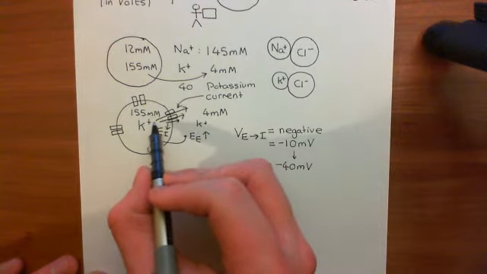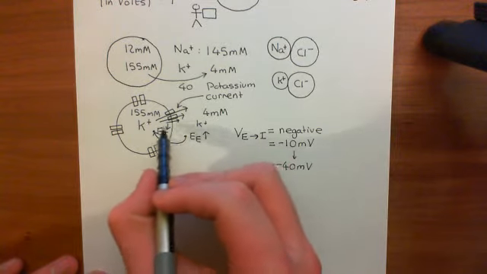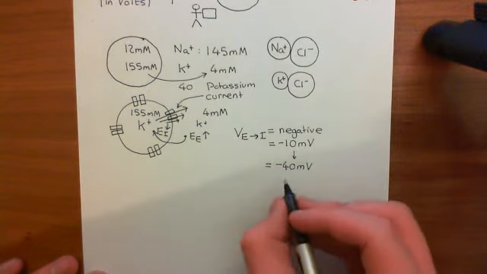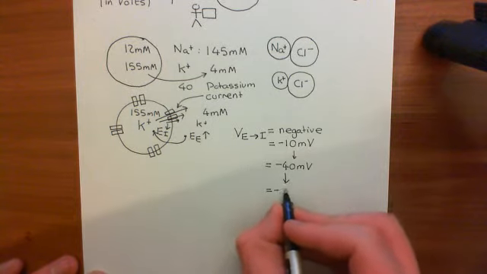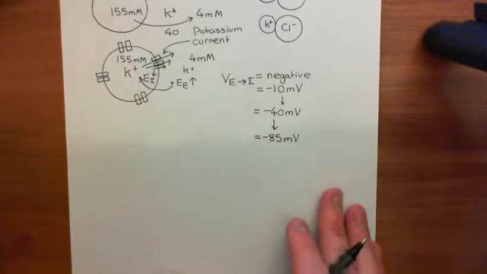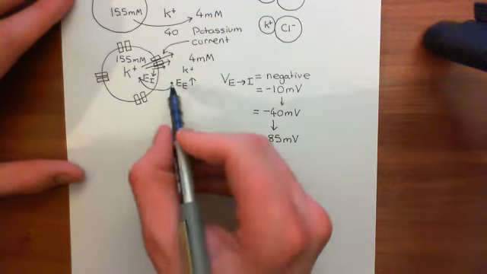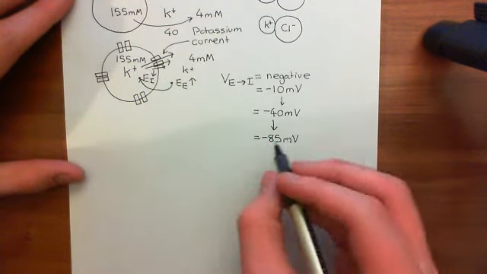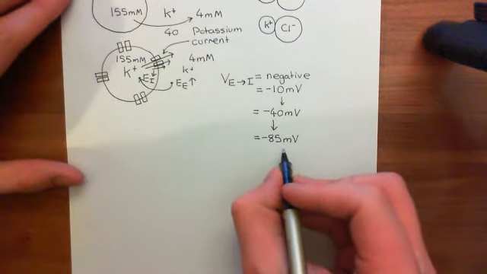So you'll continue to move potassium ions out, which means that the electrical gradient will get stronger yet again, and it will continue on all the way down until you get to around negative 85 millivolts. Okay, and this is the electrical potential difference that you need to have across the cell membrane so that it's strong enough to completely stop potassium from moving out.